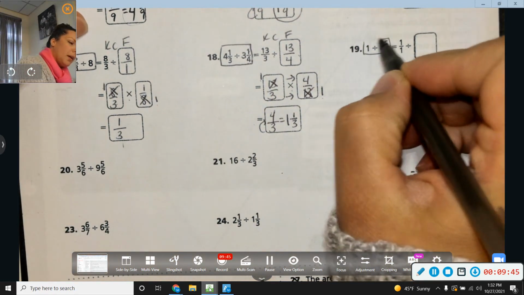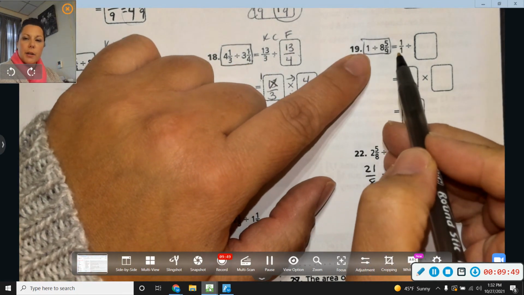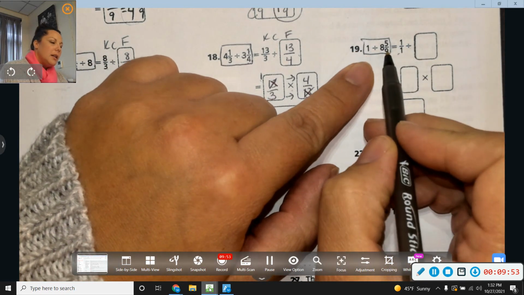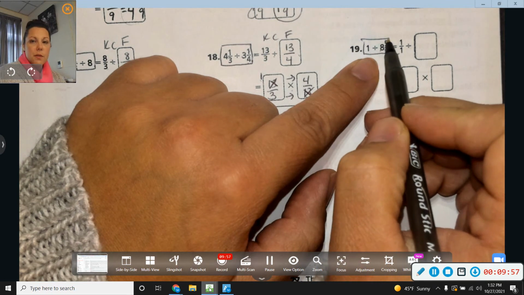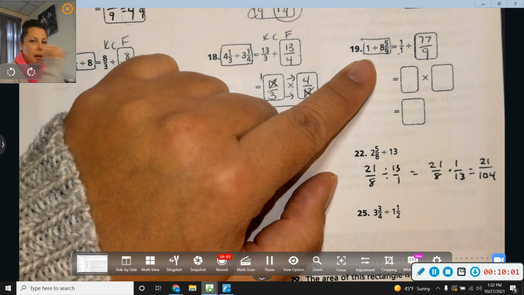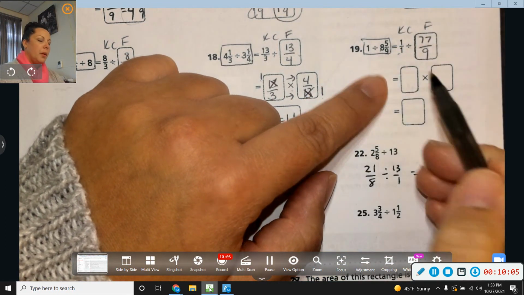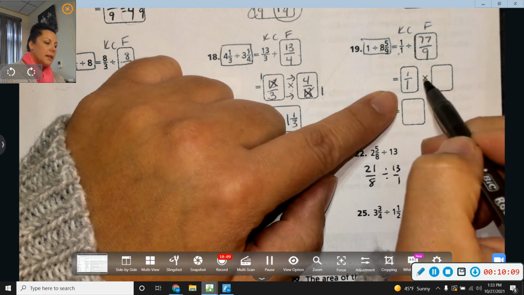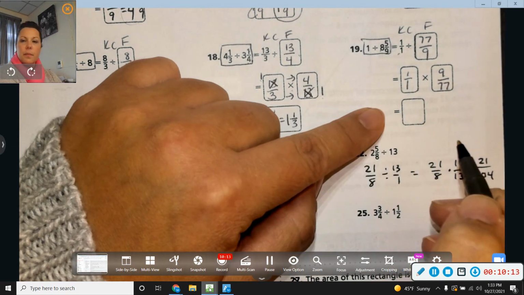Here's my problem. They've changed 1 into a fraction. Kept divide, now we have to wheel. 9 times 8 is 72, plus 5 is 77, over 9. So I have keep, change, flip, keep my 1 over 1, change divide to times, flip 9 into 77.